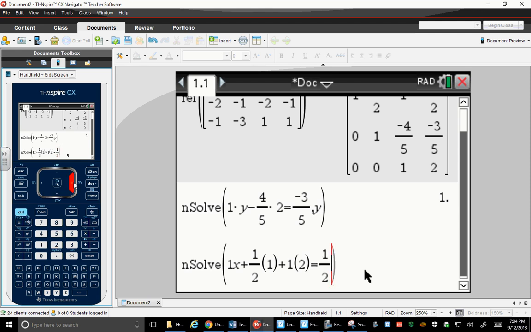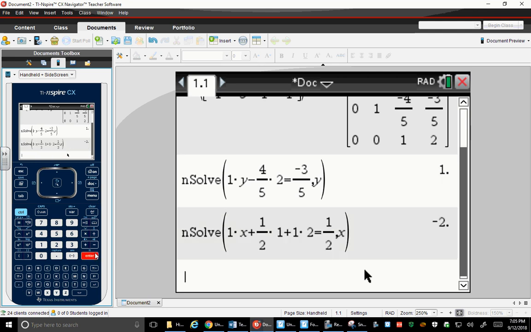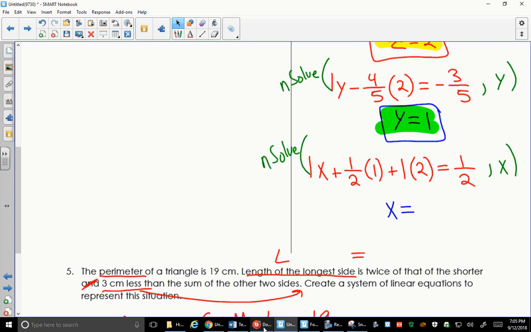Arrow to the right, comma, x. And awesome. All right, so now we have x equals -2. And ladies and gentlemen, this concludes our review.